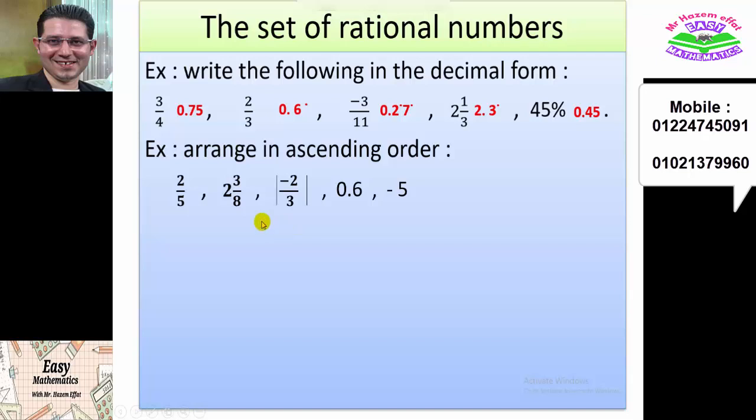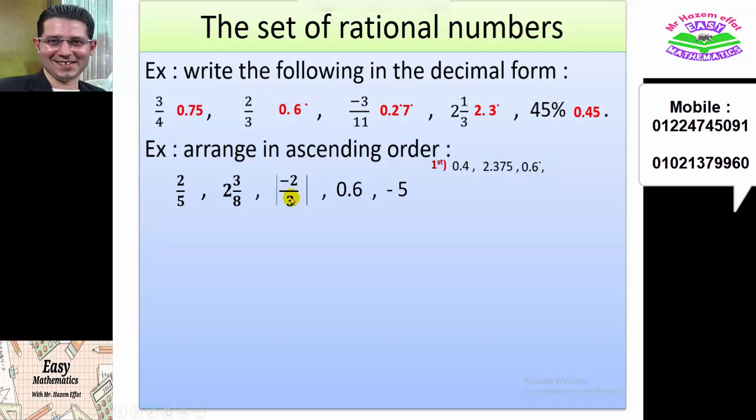Okay, the first step, change 2/5, it will be 0.4. 2 and 3/8, it will be 2.375. Absolute value of -2/3, yes, it will be 0.6 with a dot. What about the negative here?